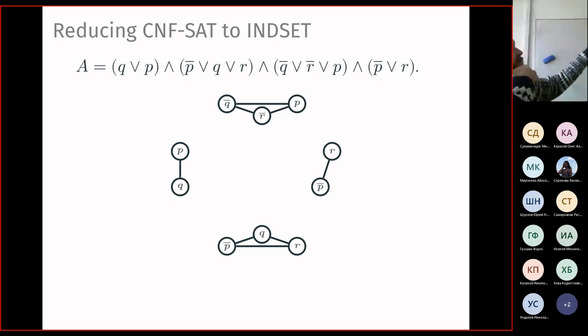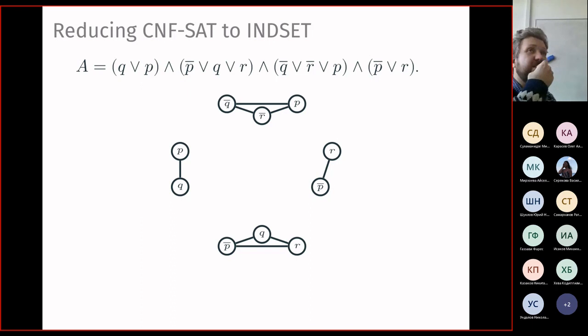Each vertex is marked with one of the literals, so a vertex is an occurrence of a literal in a clause. Here you see that there are 2 P's, for example, not P's, several Q's, etc. So here we have all the triangles and just edges. If we have a clause which is just one literal, it will be just an isolated vertex. We have these 4 cliques.